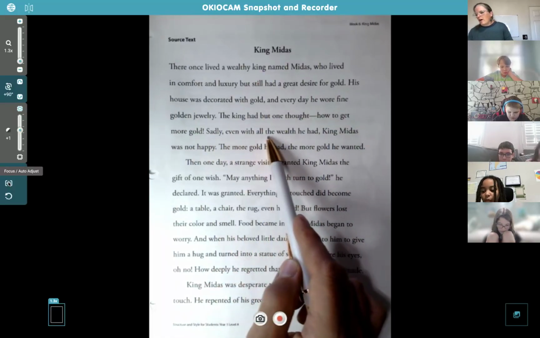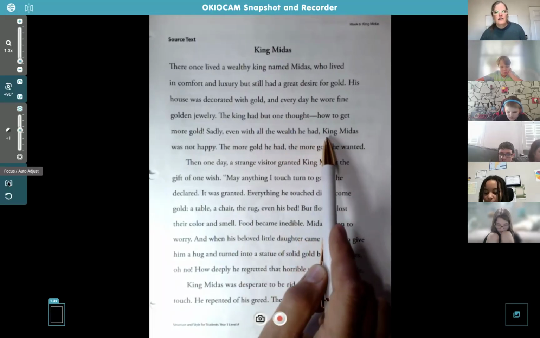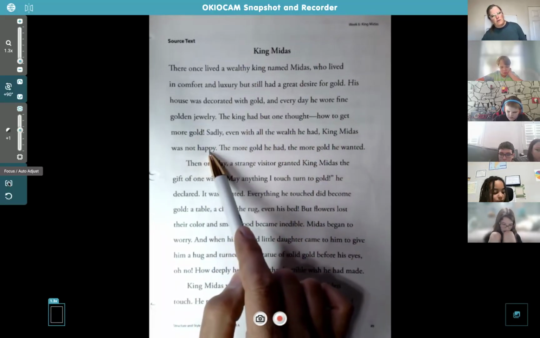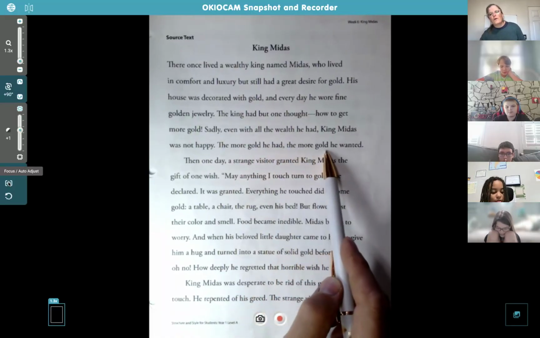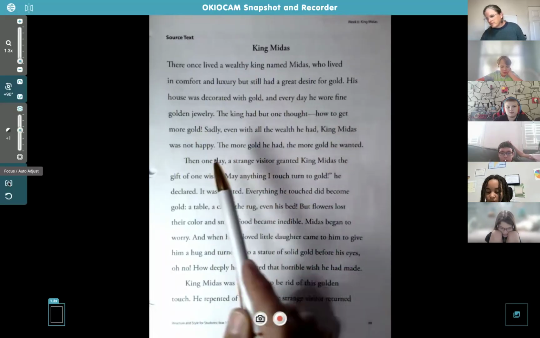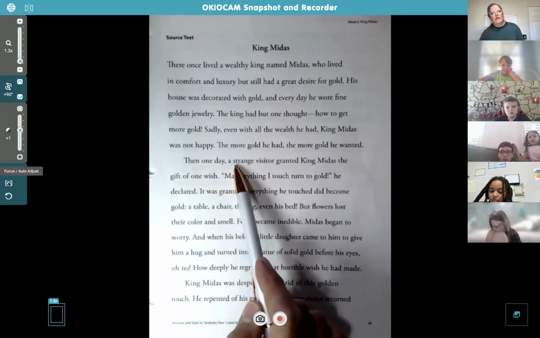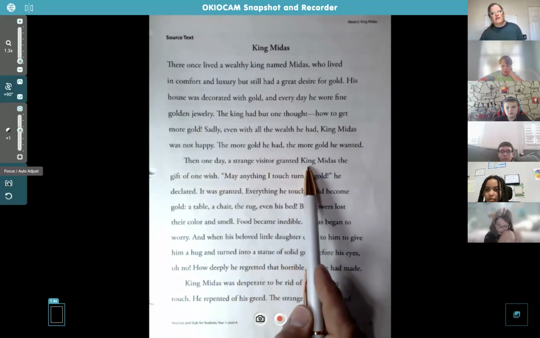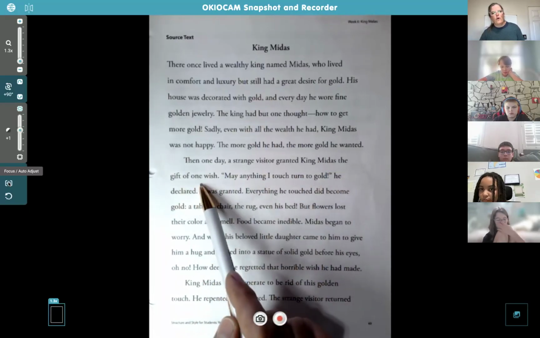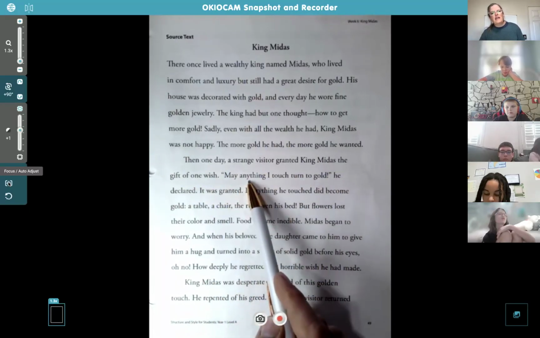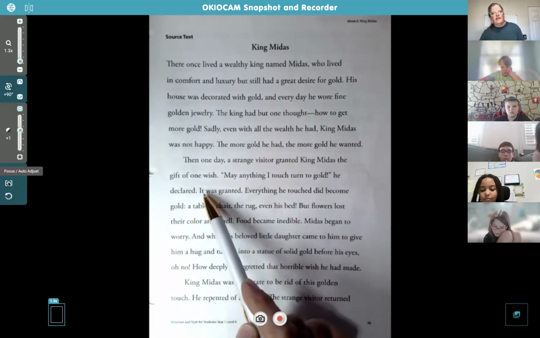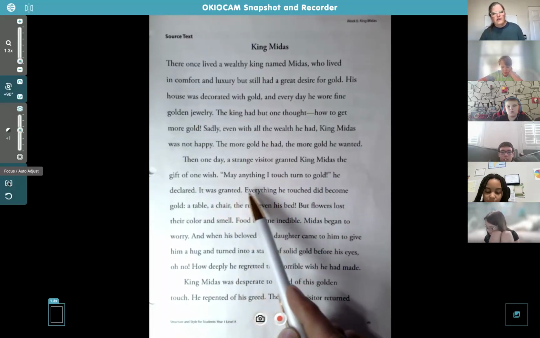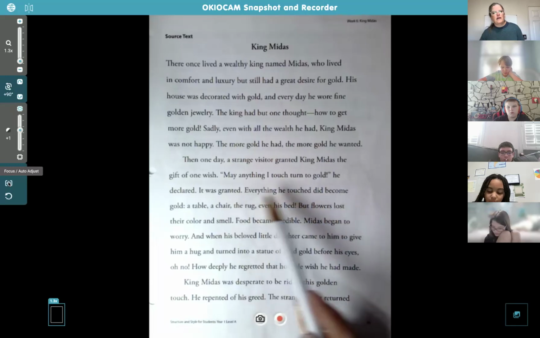Sadly, even with all the wealth he had, King Midas was not happy. The more gold he had, the more gold he wanted. Then one day, a strange visitor granted King Midas the gift of one wish. May anything I touch turn to gold, he declared. It was granted.